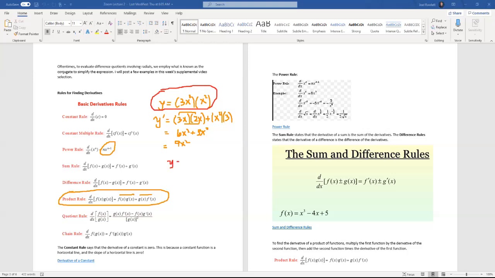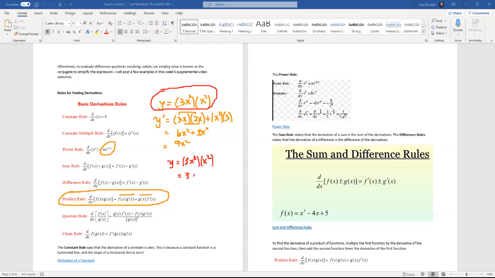I had originally y is equal to 3x to the power of 1 multiplied by x squared. The first thing I would do is simplify y. I would just change this to 3x to the power of 3.